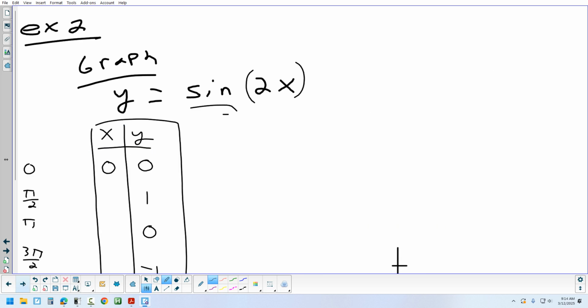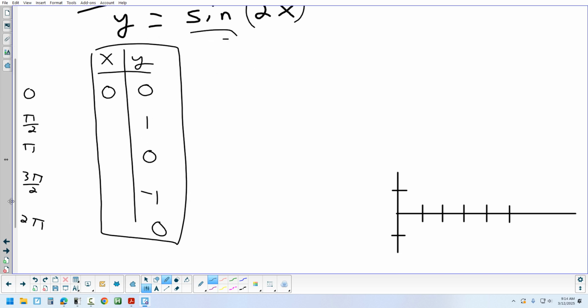Okay, so first coordinate is 0. So now we know where we're going to start. What's the next coordinate we need to figure out? The fifth one. We got to figure out where to start and where to stop. Where you stop is at the end of one cycle. So that's the number that needs to go right there.